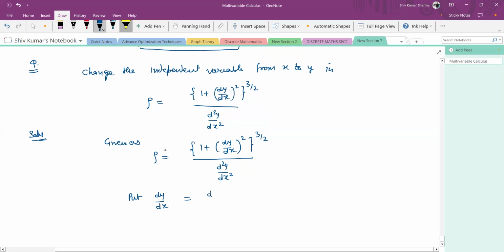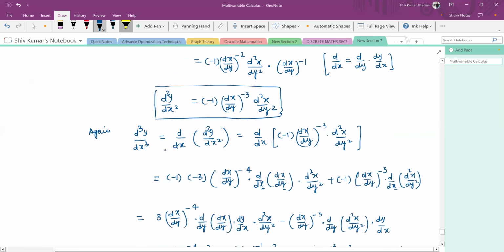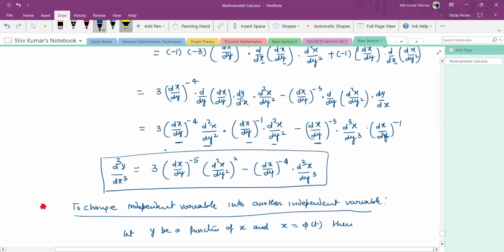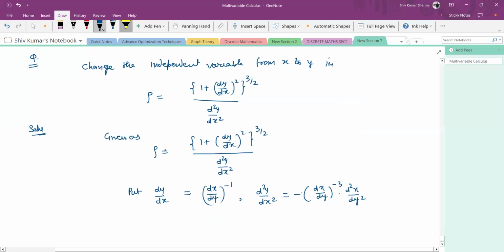So what is the value of dy/dx? The value of dy/dx is (dx/dy) raised to the power minus 1, and what is the value of d²y/dx²? The value of d²y/dx² is minus (dx/dy)^-3 into d²x/dy².